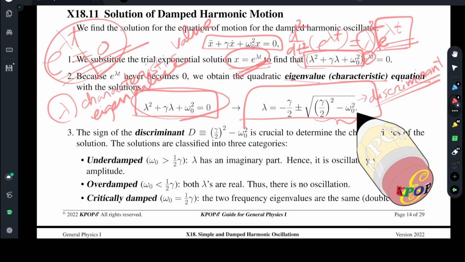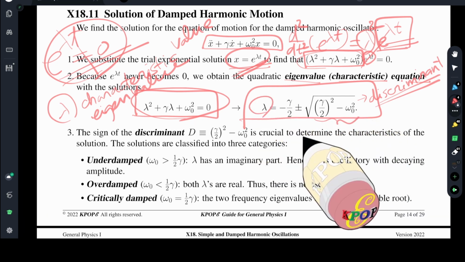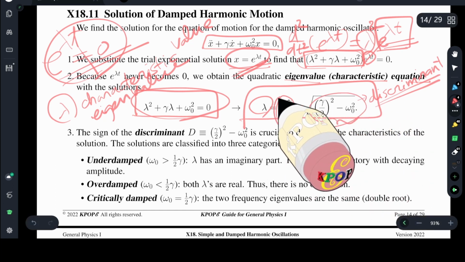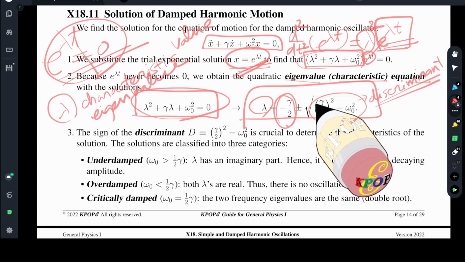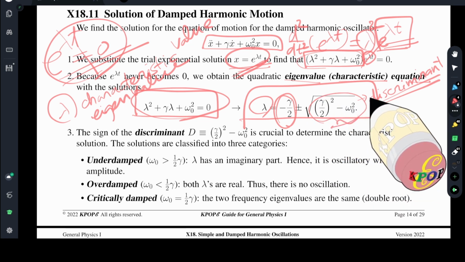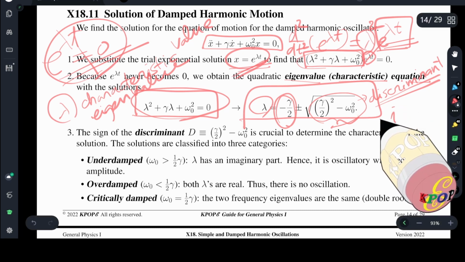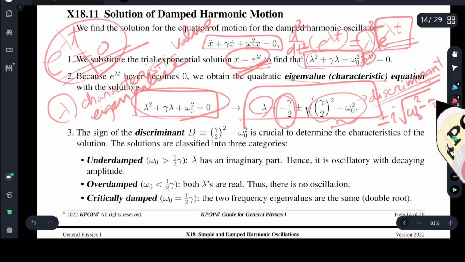If it is positive, lambda has two real solutions. If it is zero, lambda has a single value. This is a double root. If it is negative, then we have a pure imaginary part. The imaginary part becomes plus or minus i times the square root of omega 0 squared minus 1/4 gamma squared in that case.